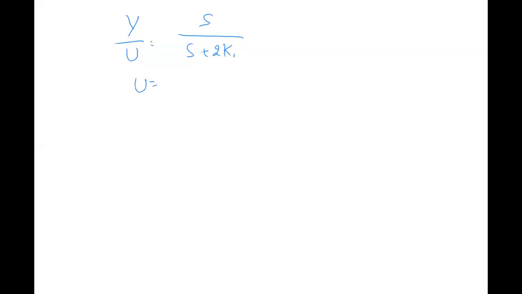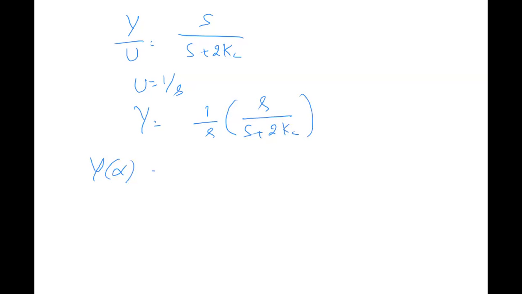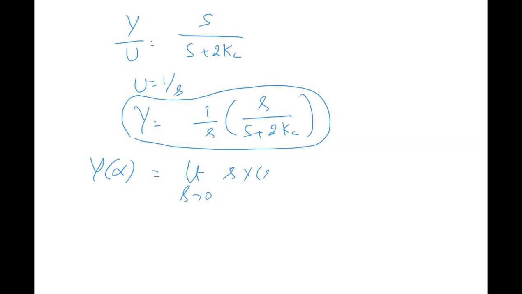So what is U? 1 by s. What is Y? 1 by s into s by s plus 2 Kc. So now we need to find out the final value. How do you find the final value from this Y of s? You can apply the final value theorem: limit s tends to 0, s into Y of s.